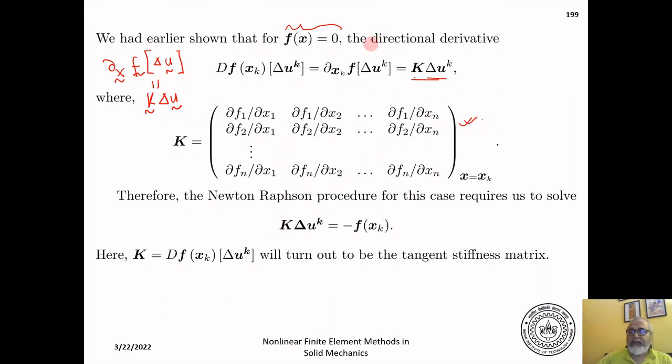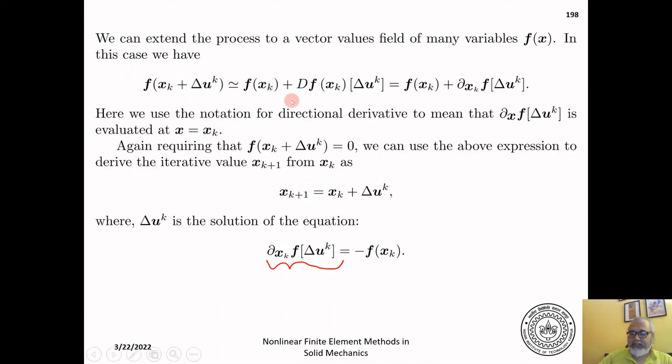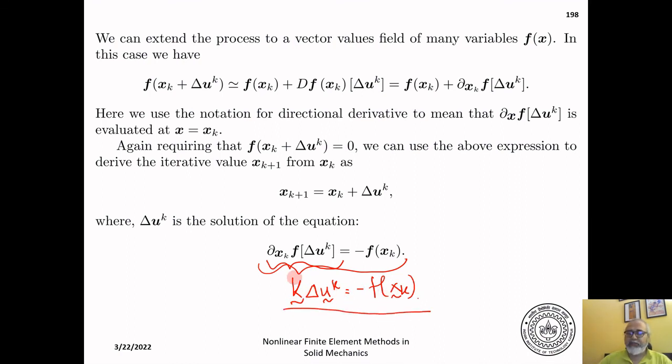So finally this entire equation can be written as K times delta uk equal to minus f at the kth iteration. So this is what we solve. That means we invert K and multiply it with f to get delta uk, and then plug it in here in order to get the next estimate.